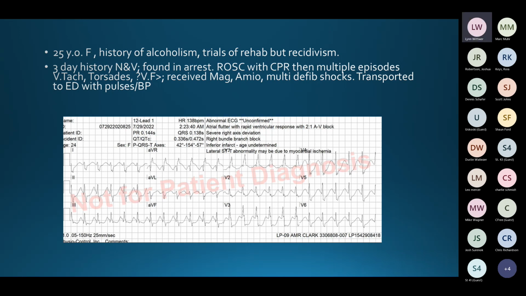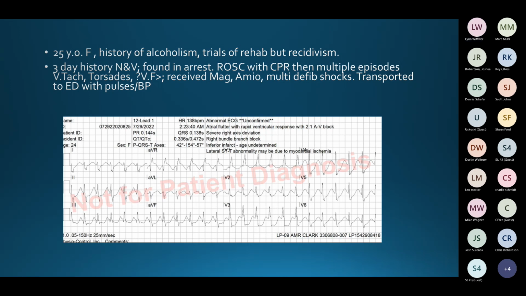When they first got there, they got ROSC with CPR alone, but then the patient had multiple episodes of VTAC, probable torsades, although I didn't find any. I didn't capture any in the things that I saw.